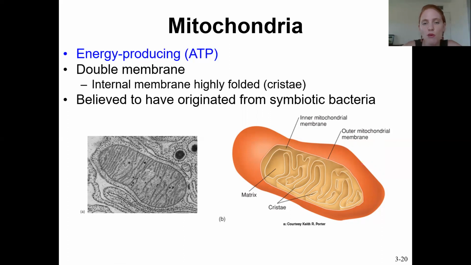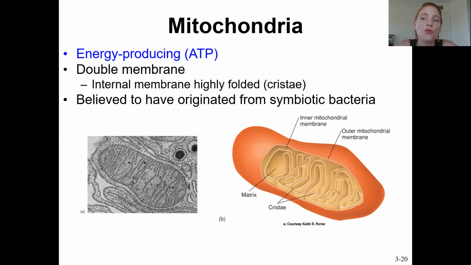And that inner membrane is folded into what are called cristae. Okay, so the inner membrane that forms the cristae creates that striped appearance, and there you go, you've got a mitochondria.